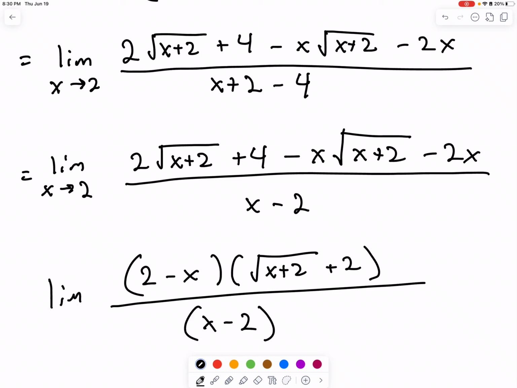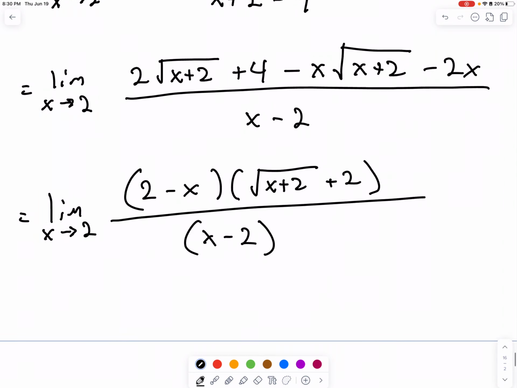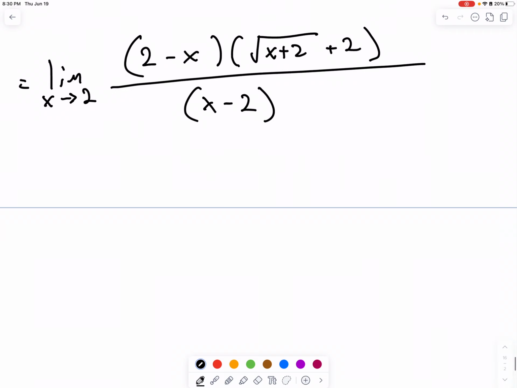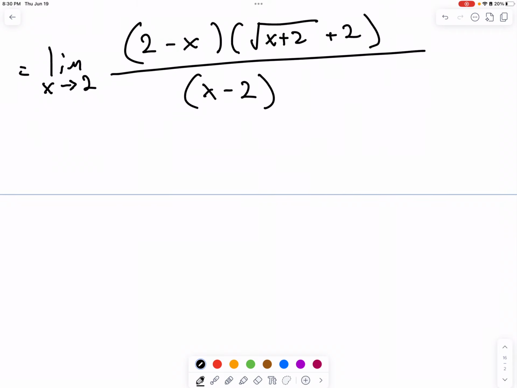Again, limit as x approaches 2. Okay. So now in the numerator we have 2 minus x. In the denominator we have x minus 2. So we can get those to look similar by factoring out a negative 1 from the numerator. So then if we do this, the limit as x approaches 2, we're going to have a negative.